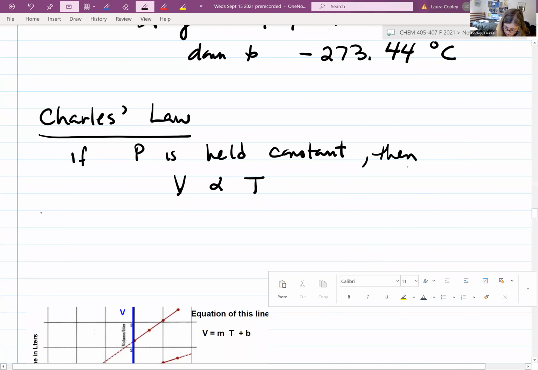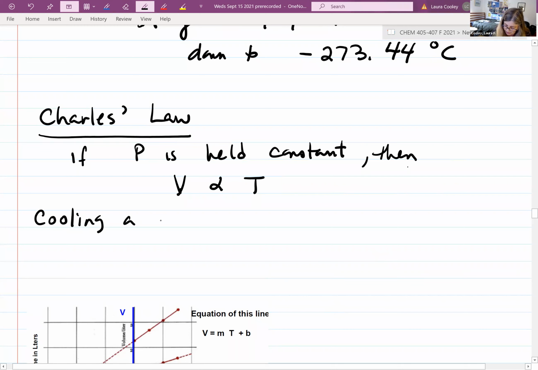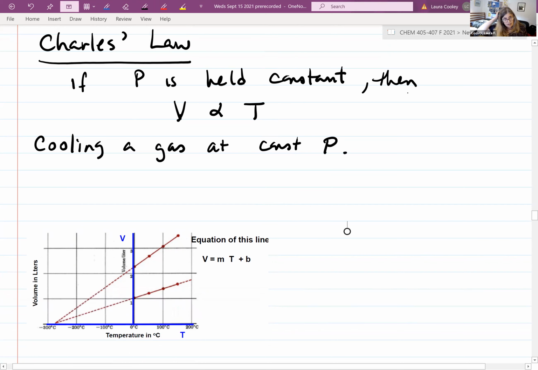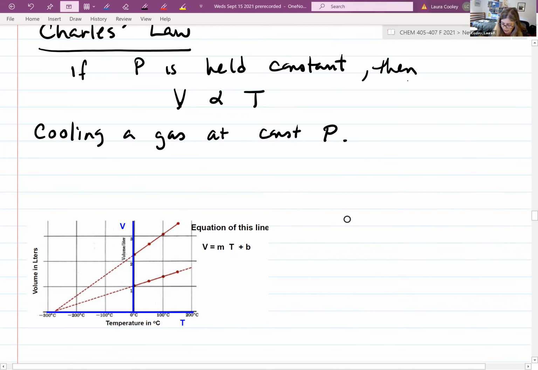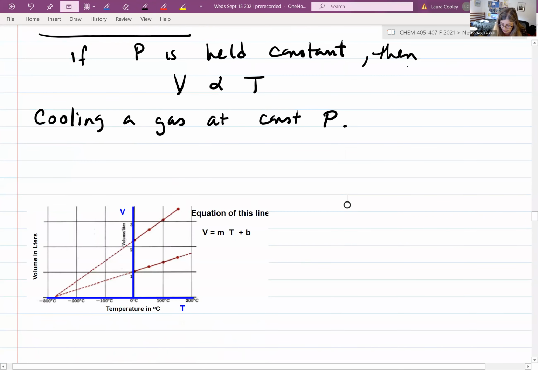So what this law refers to is cooling a gas at constant pressure. So if you take a sample of a gas that's held at a certain pressure and you decrease the temperature, right?